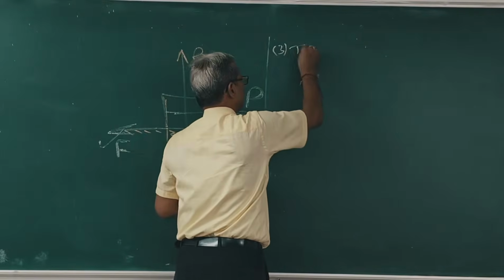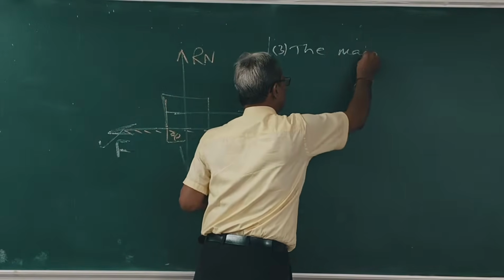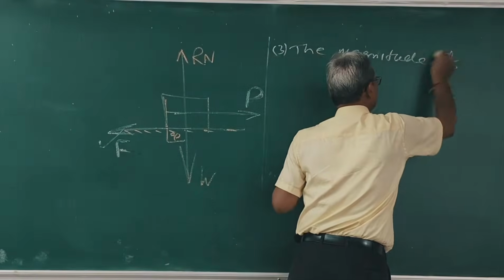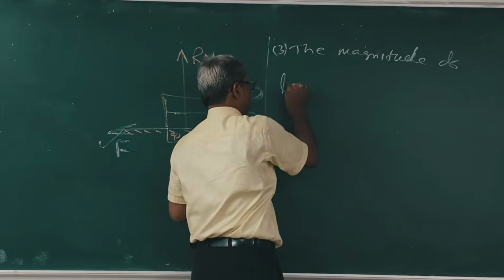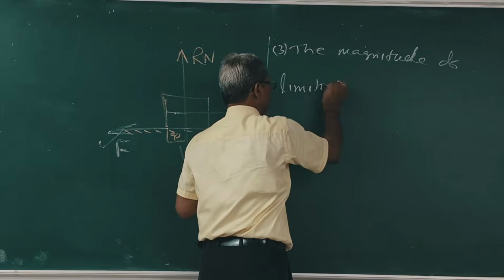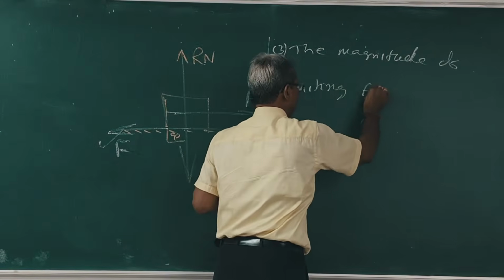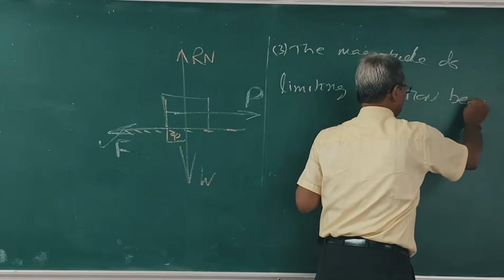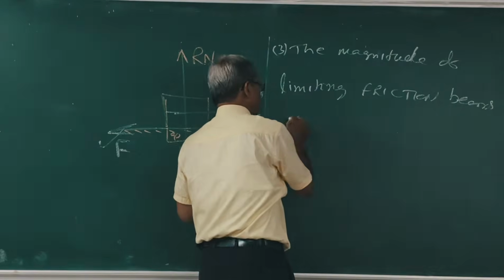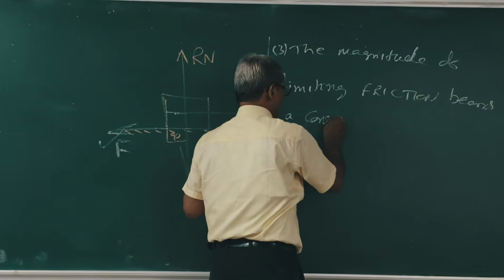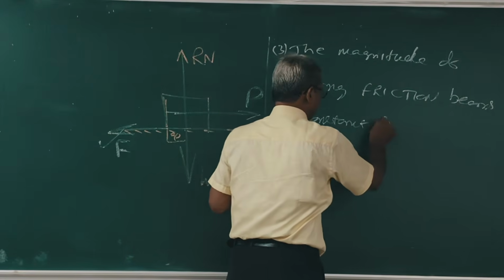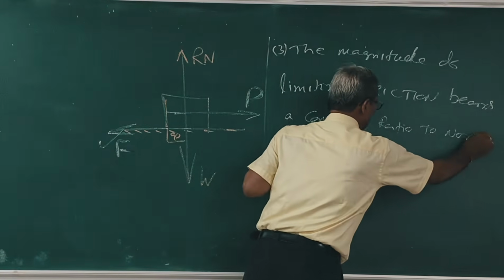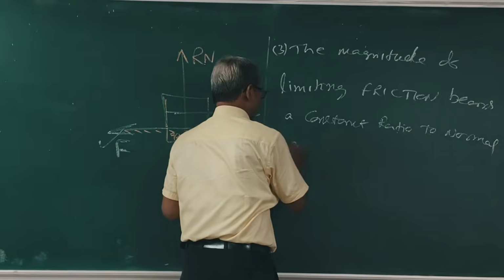Number three, the magnitude of limiting friction bears a constant ratio to the normal reaction. Clear?